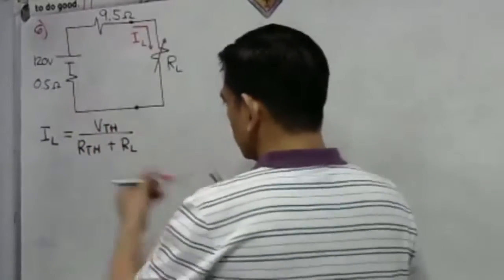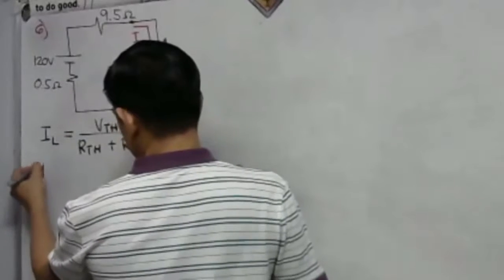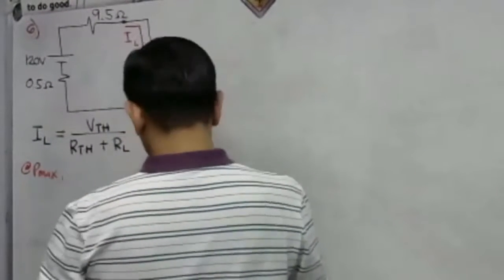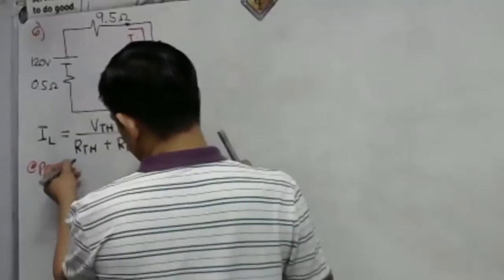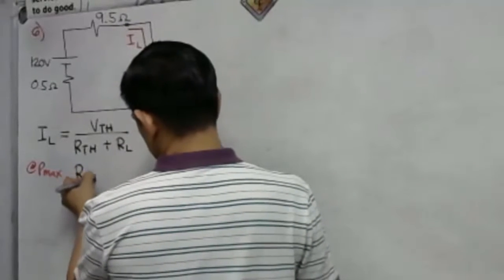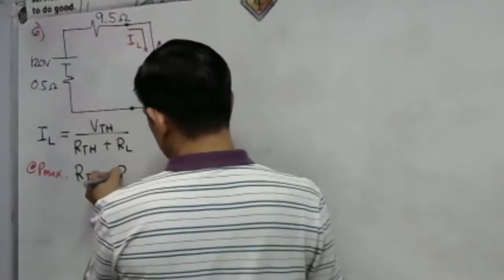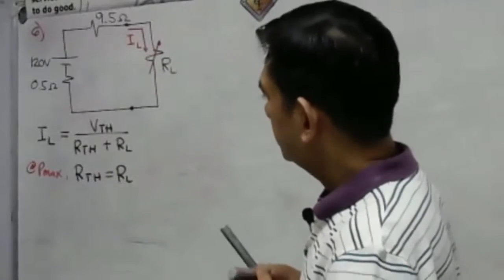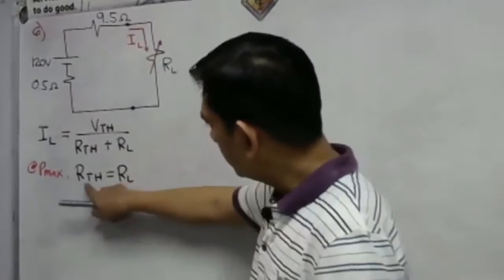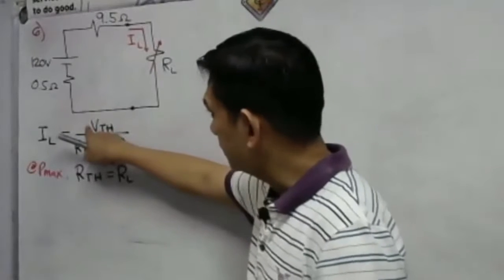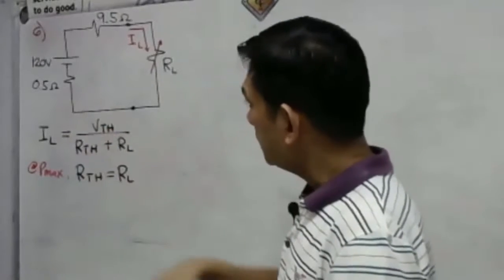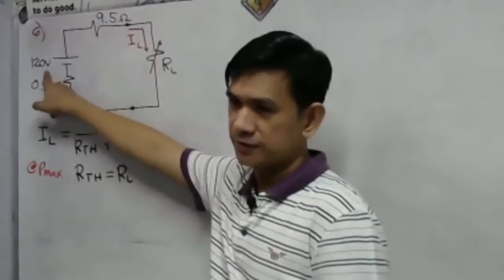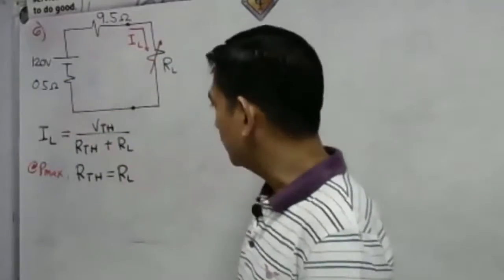And always take note, at maximum power transfer, our RTH is simply equal to our load resistor RL. So let us find first, we already have our VTH. Our VTH is simply equal to 120 volts.